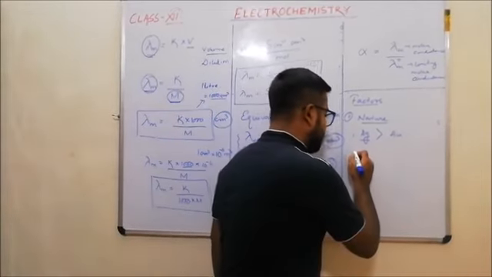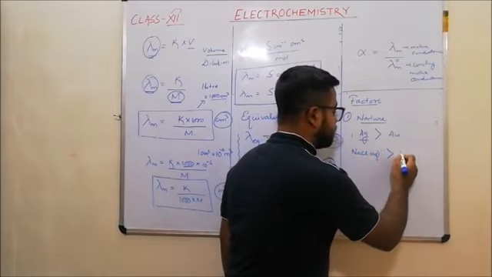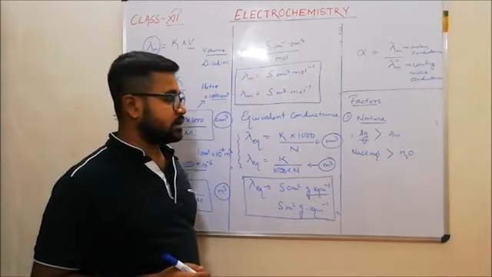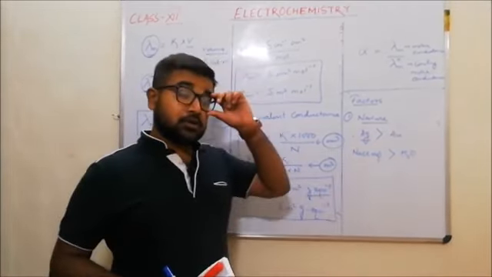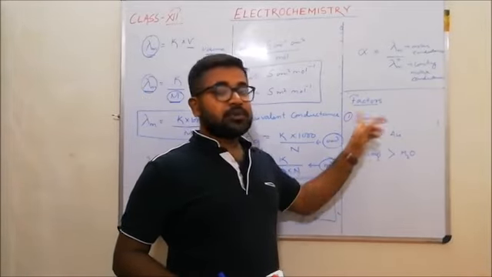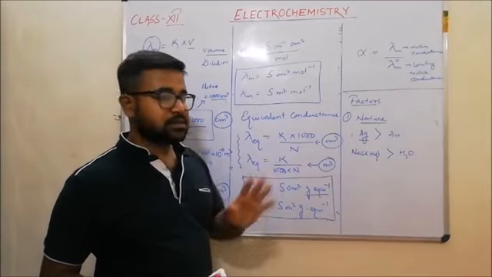Similarly, aqueous NaCl is more conducting than pure water. We know that pure water is a poor conductor of electricity. So both electronic as well as electrolytic conductance depend upon the nature of the substance.